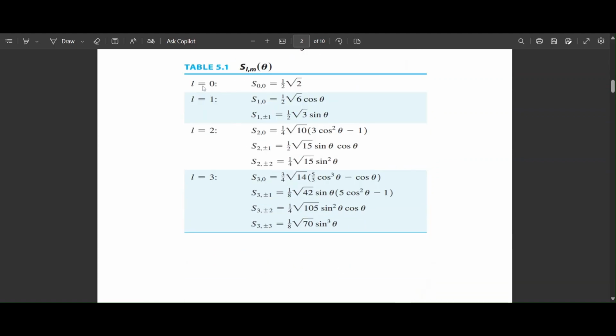For example, l equals 0, the value of m will also be 0, so for S_00 this is the value. In case l equals 1, m can be 0 or plus minus 1, right? We know that the value of m is from minus l to l. So for S_10 this will be the value, and for S_1,±1 this will be the value.